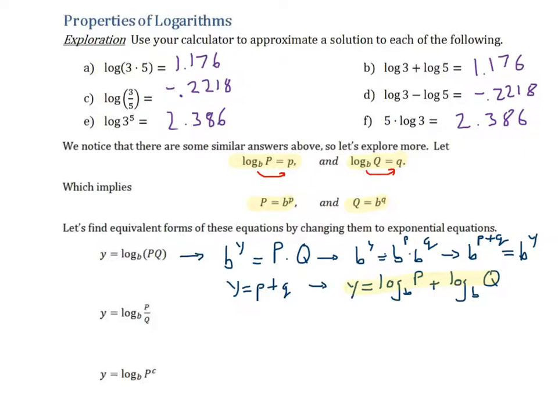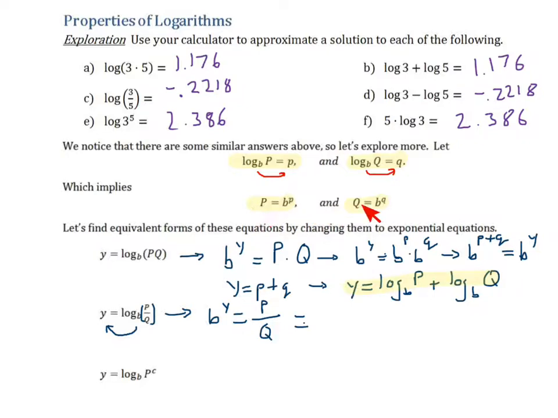All right, so let's do the same kind of idea here. Let's rewrite this. Let's swing around the base and write it as an exponential. B to the y equals, and we've got this capital P divided by capital Q. So now we're dividing. Oh, it should be capital Q. All right, well, P over Q, well, capital P is from up here.